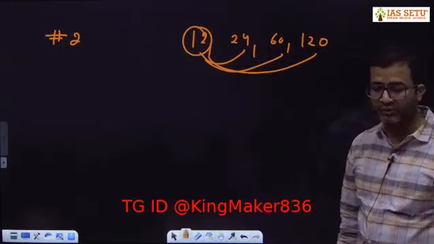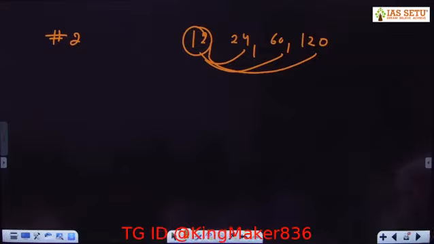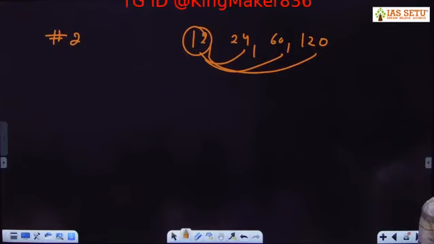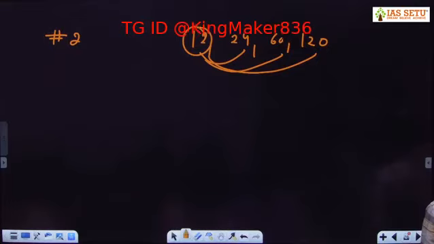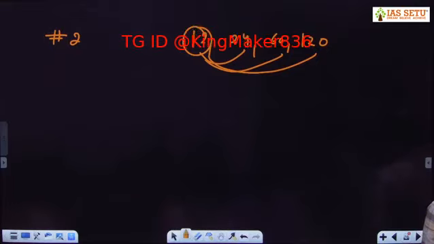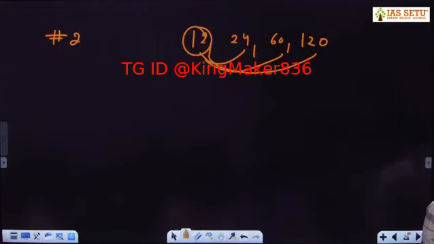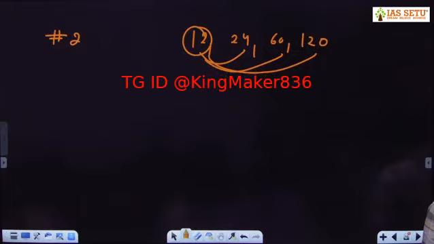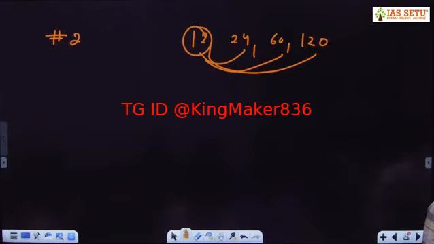You write this observation number 2. If the smallest number is a divisor of all the remaining numbers, then the smallest number itself is HCF.